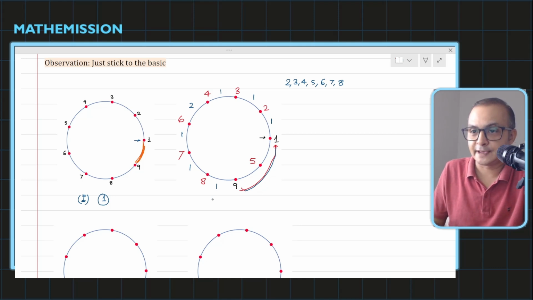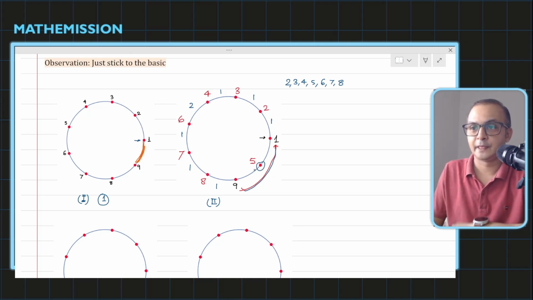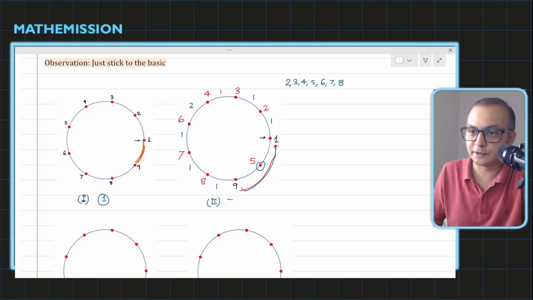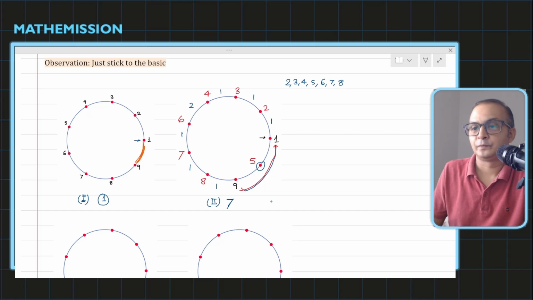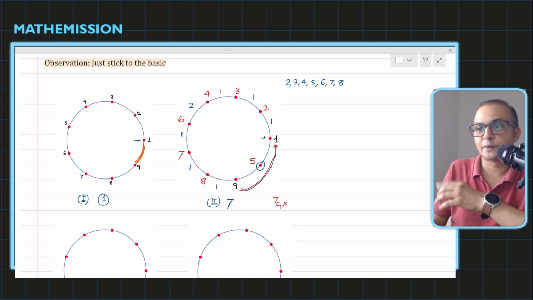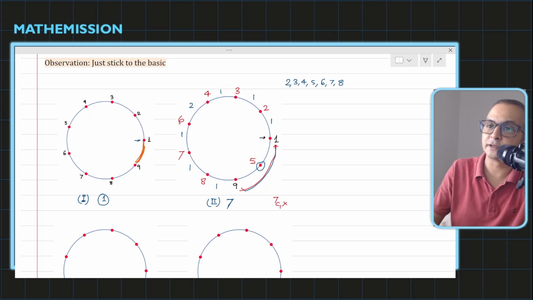So in the second case, what will happen? In the second case, I will have only 7 choices. Why? Because I can choose 5 there, I can choose all the remaining 6 there. So total number is 7. Now you may think that if I'm choosing this 7, I can also choose 1 there, and this side any of no. Because once you choose this 5 there, automatically the remaining will go in this other arc.